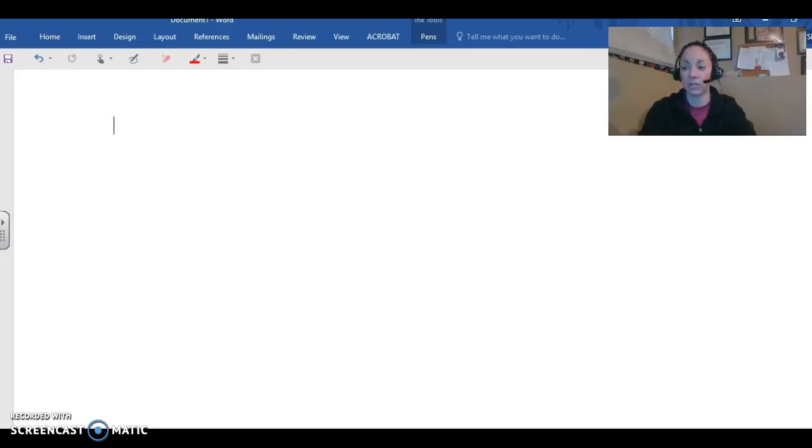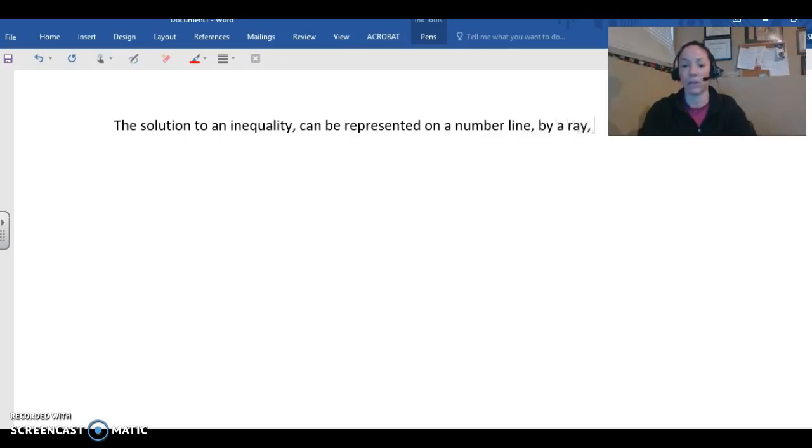The solution to an inequality can be represented on a number line by an array whose starting point is an open or closed circle. So remember to hit pause.